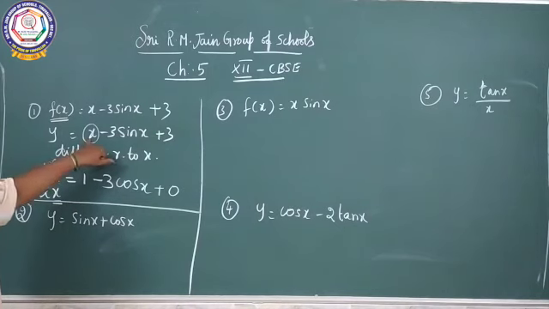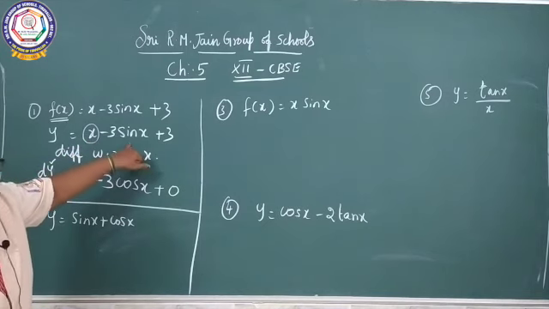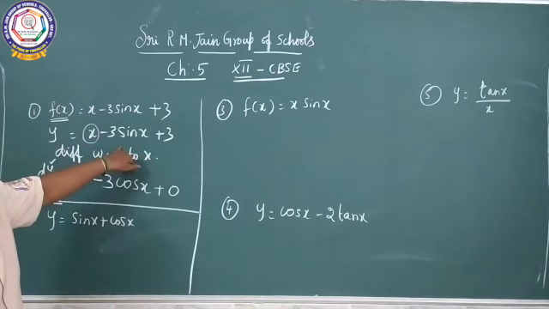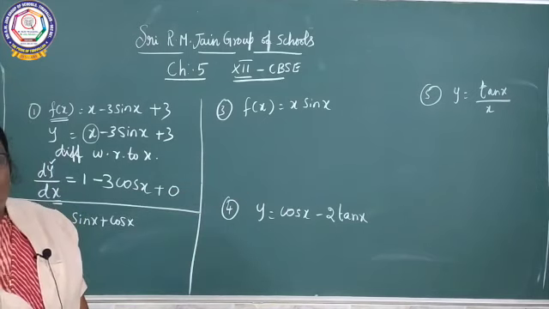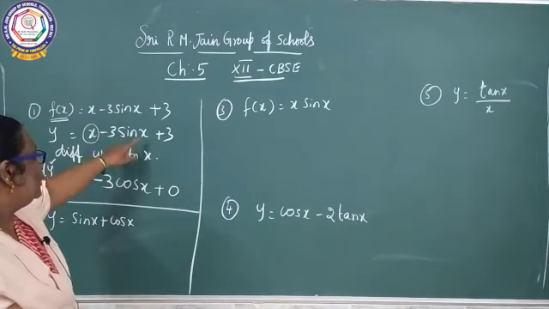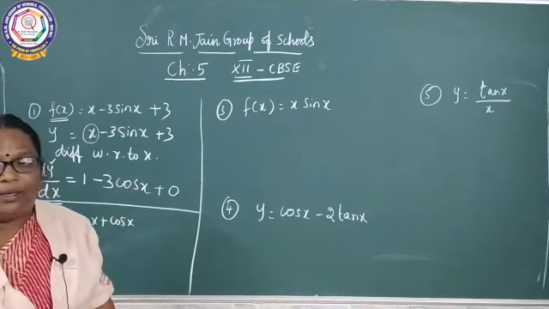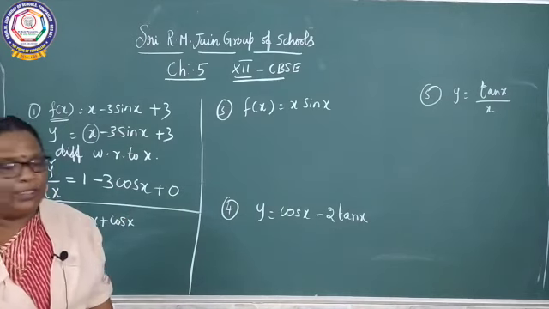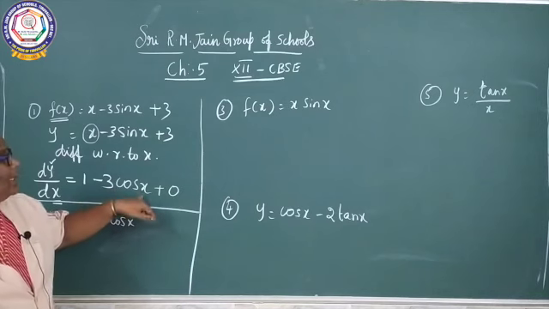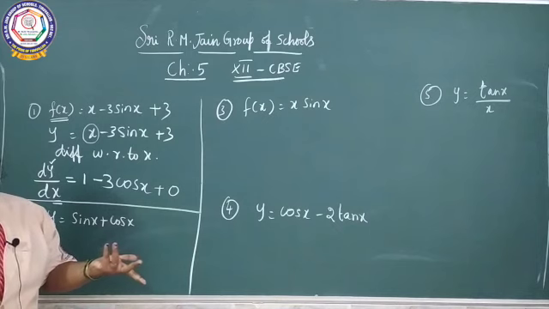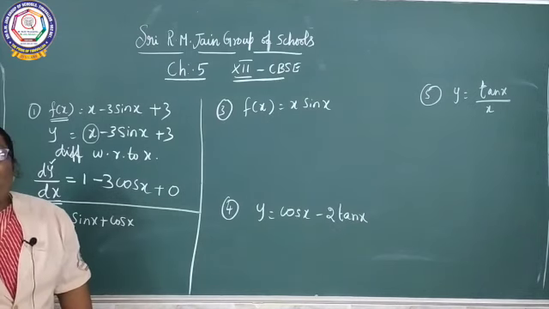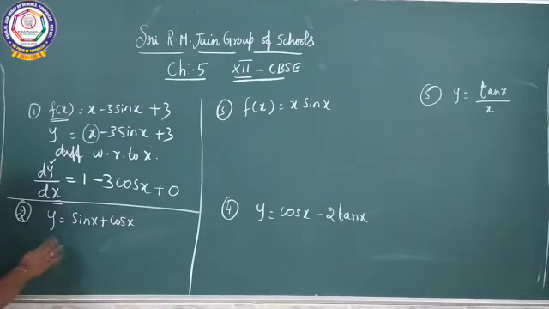Differentiation of x is 1, minus 3 sin x. 3 is a constant, and sin x is differentiated, so minus 3 cos x. The plus 3 is a constant term, there is no x term, so the value is 0. Okay, move on to the second one.